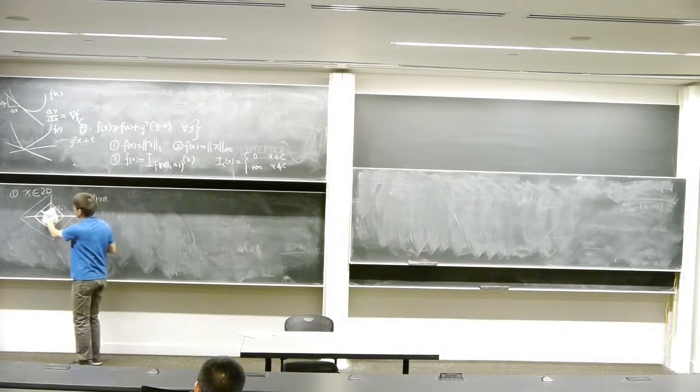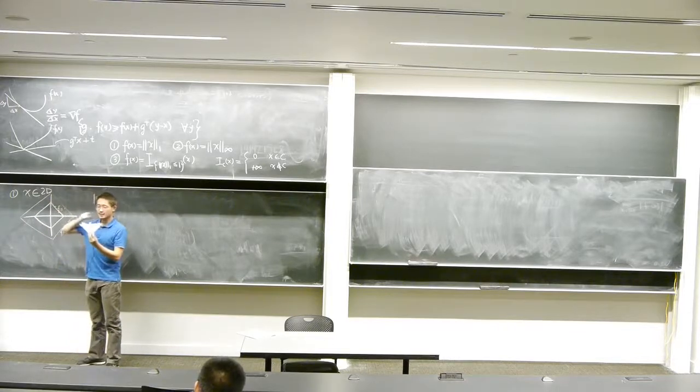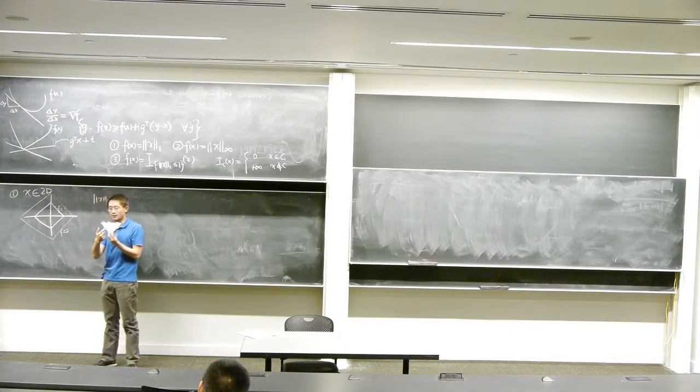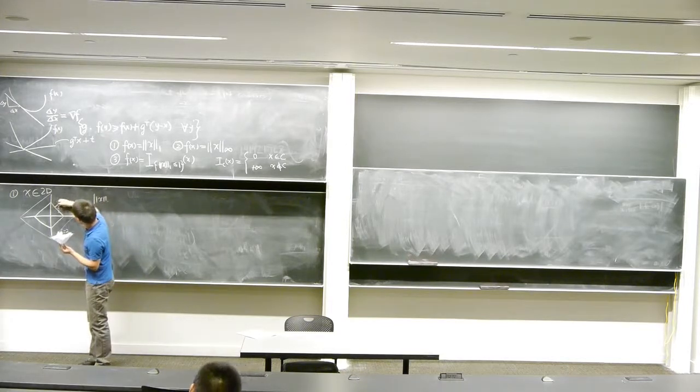You can see this is aligned this way, this way. This is the x-axis, this is the y-axis. If I'm somewhere here, how many planes are there to support, to lower bound my little inverted pyramid? Just one, right? So the subgradient here should go this way.